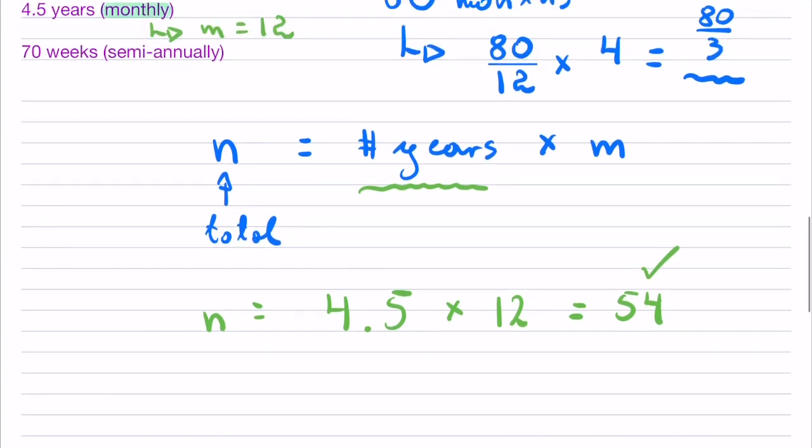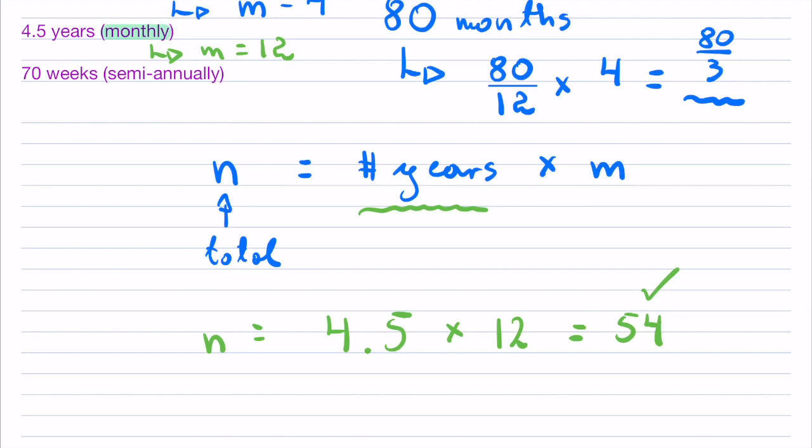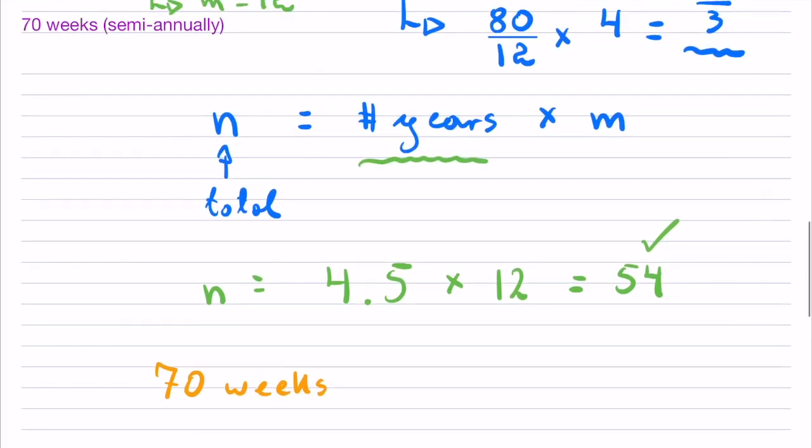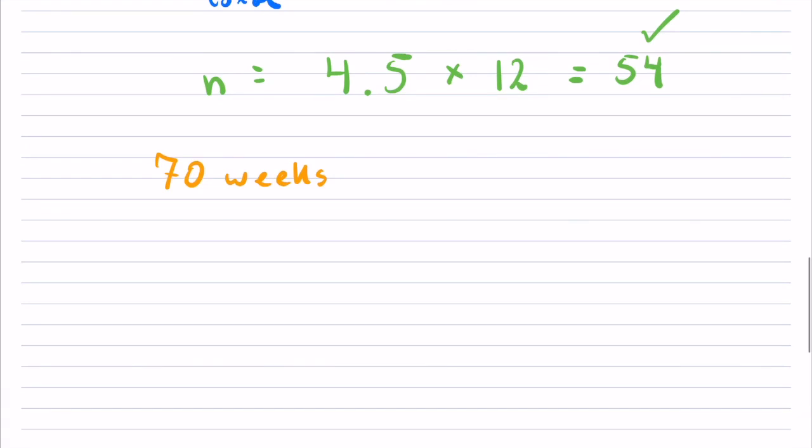Now the last example that you see there, 70 weeks semi-annually. In that one, for 70 weeks, remember I have to always turn this back into years. Well, if I want to know how many years this is, I can simply take the 70 weeks and divide by 52, because there are 52 weeks in a year.